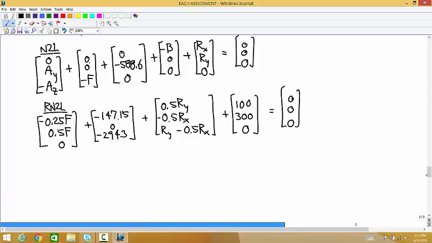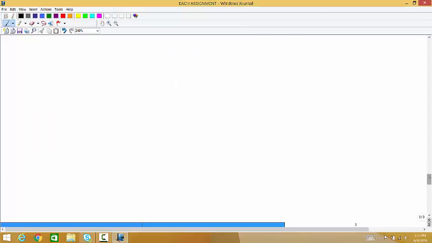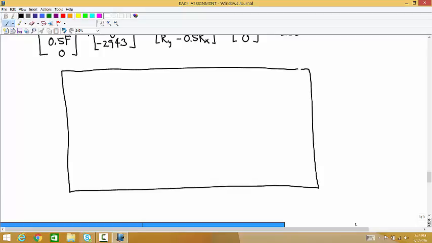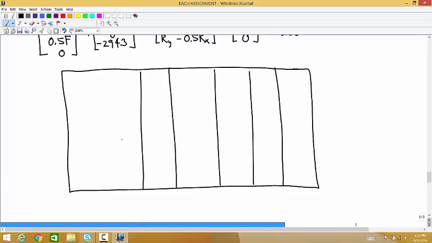All right, so what a mess. I haven't solved this. Okay, so we need 7 columns, 6 rows.